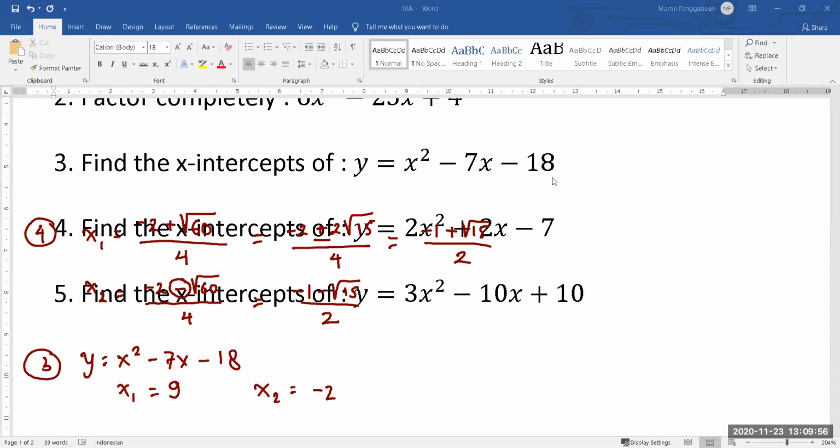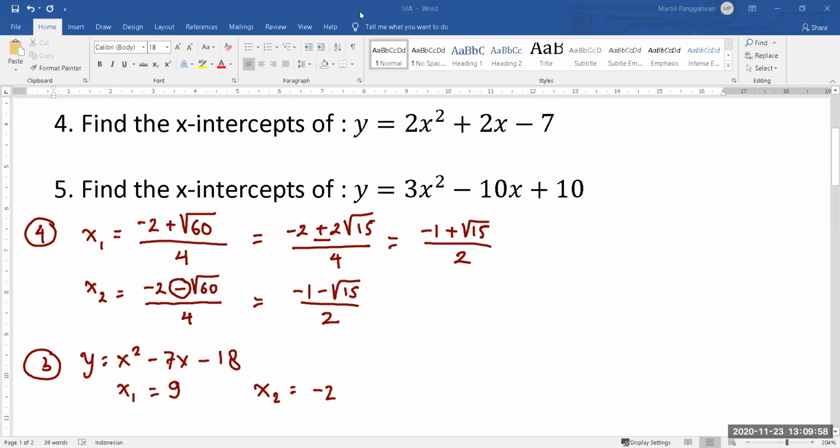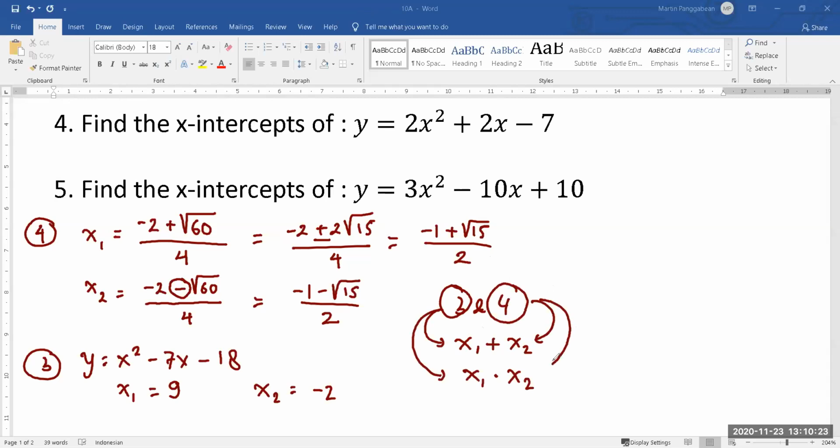So the thing that I want you to finish about Friday's material is this. For number 3 and number 4, I want you to do the same: sum x1 and x2, and then multiply x1 and x2. So for number 3, find this and this. And then for number 4, find this and this also.